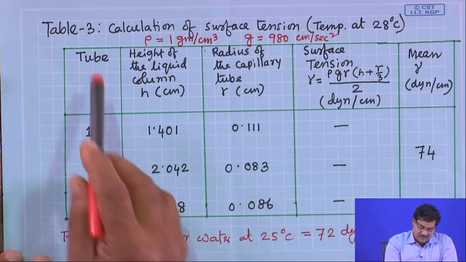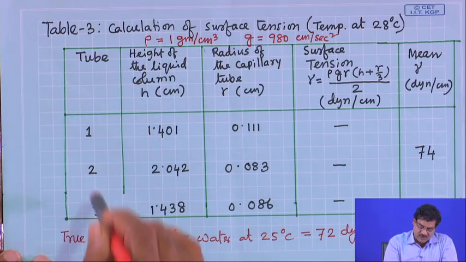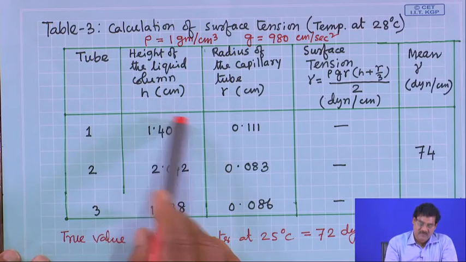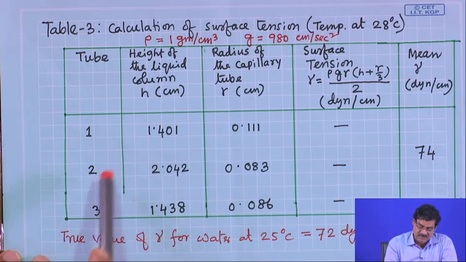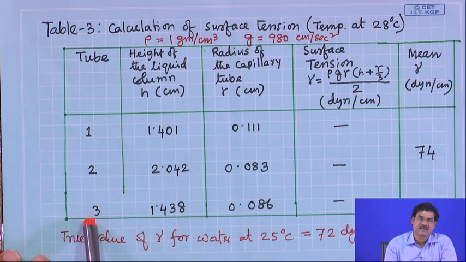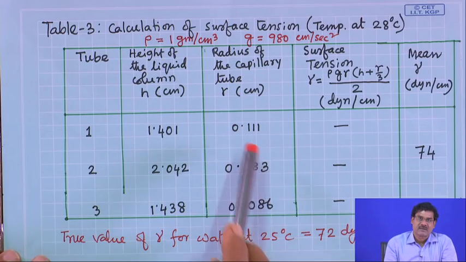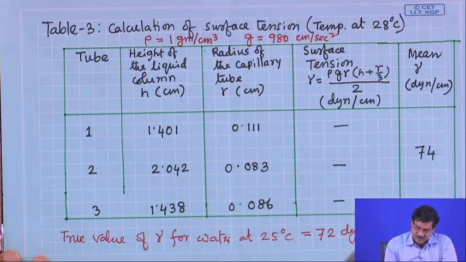So, again for tubes 1, 2, 3, the height of the water column for tube 1 is this, tube 2 is this, tube 3 is 1.438, okay, and the corresponding radius of the capillary tube is this, this and this.